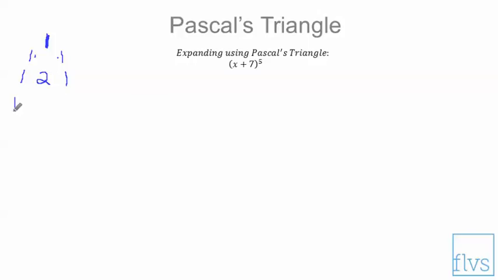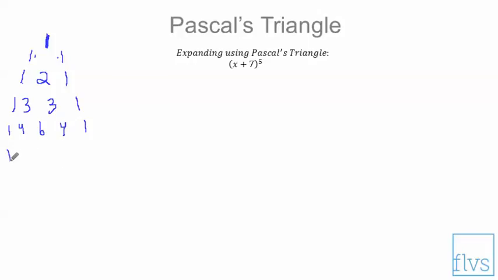On my next row, I'm going to have my 1 and my 1 on the outside, but this time 1 plus 2 is going to be 3, and this 2 plus 1 is also going to be 3. So for my next row, again, I'm going to keep my 1s. And this time, 3 and 1 make 4, 3 and 3 make 6, and 3 and 1 make 4. So see the pattern?